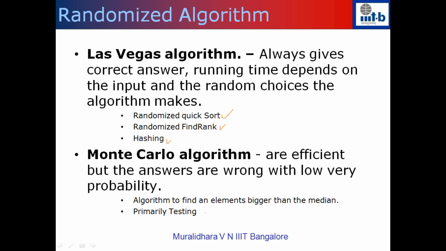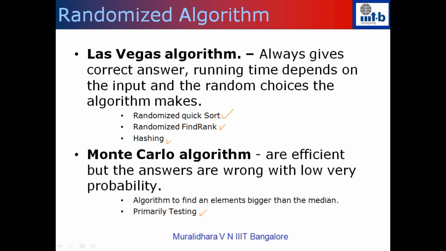There is also a famous problem called primality testing. In primality testing, we are given a number and we want to decide whether it is prime or not. If you need a deterministic algorithm, then the best algorithm has a complexity of something like k to the power 6, where k is the number of digits in the given number. But if you are willing to settle for a randomized algorithm which mostly gives the correct answer with a very high probability, then there are algorithms which are faster than k cube.